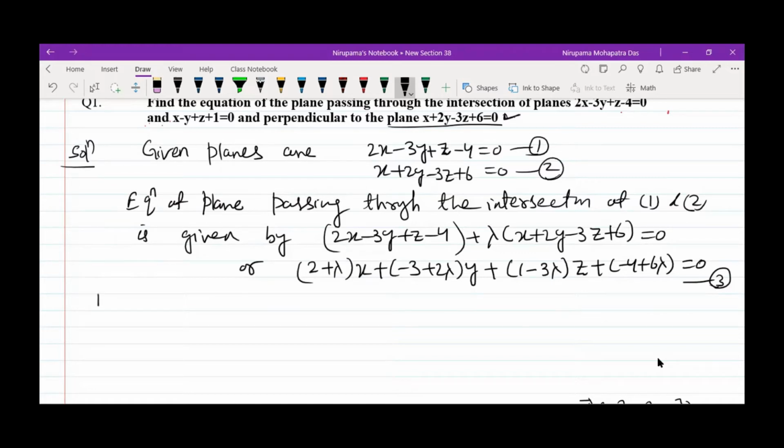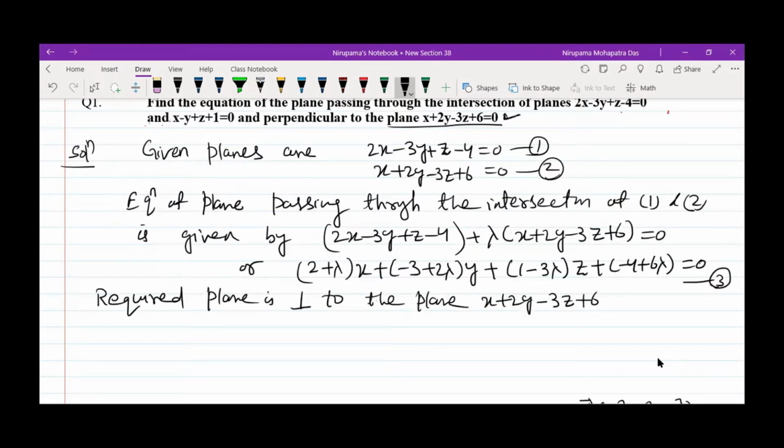So you can write here: the required plane is perpendicular to the plane x plus 2y minus 3z plus 6 equal to 0.